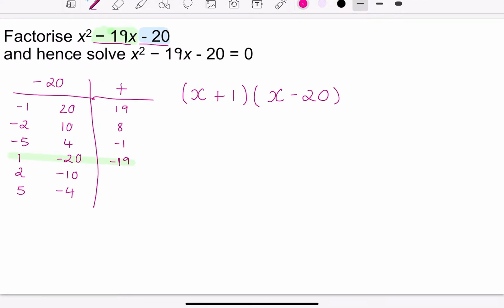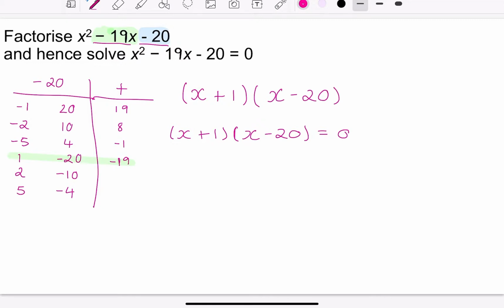We then say that we are going to solve this. The only difference when we solve, as you can see, is that the quadratic is put equal to 0. So we put our factorised brackets equal to 0. This simply means that one of the brackets has to equal 0.